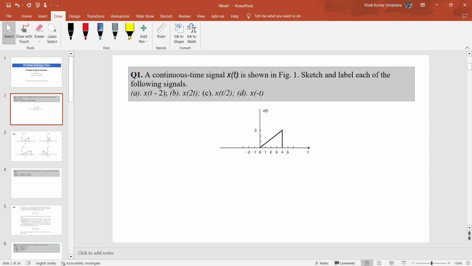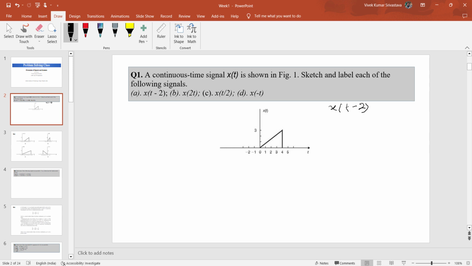So let us first start this question. This x of t is given to us. Let me select this pen. First of all we have to find another signal which is represented as x of t minus 2.